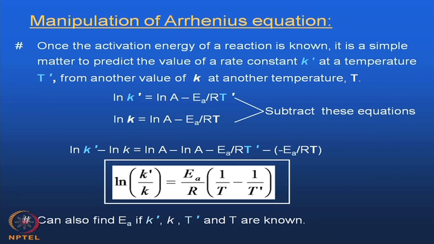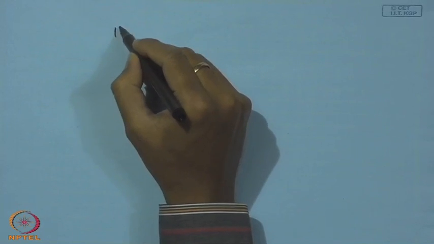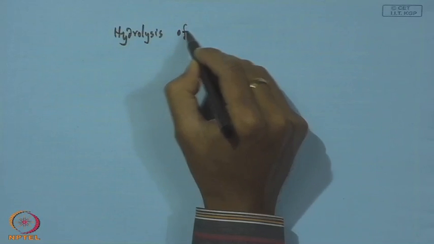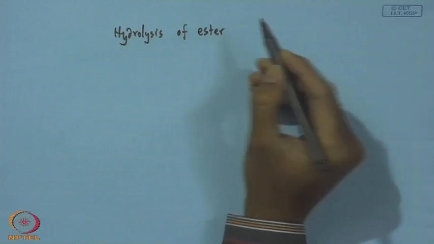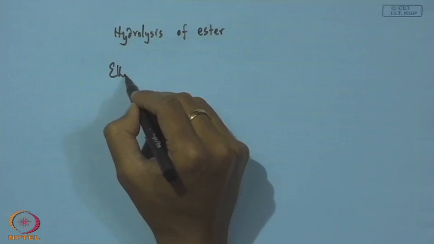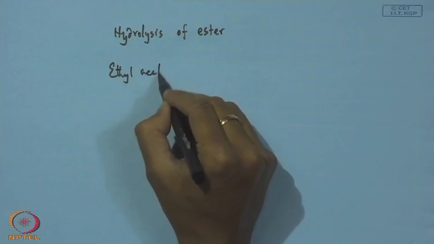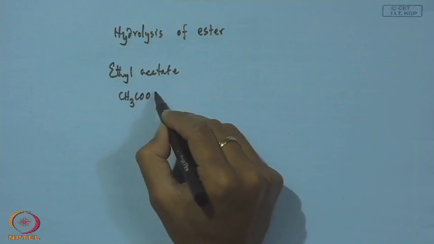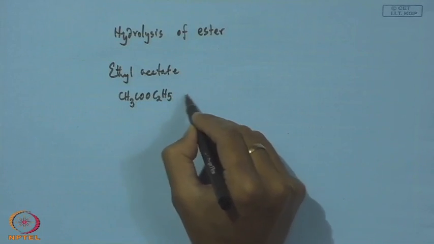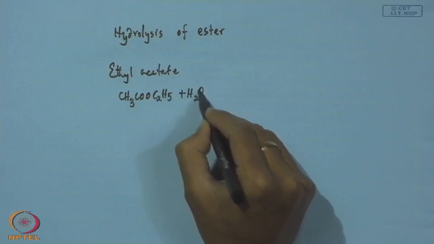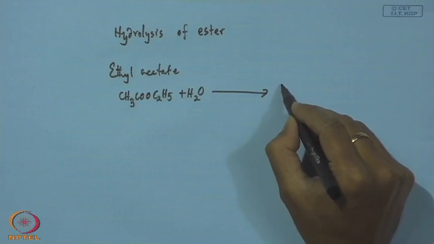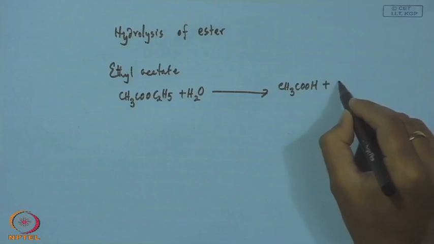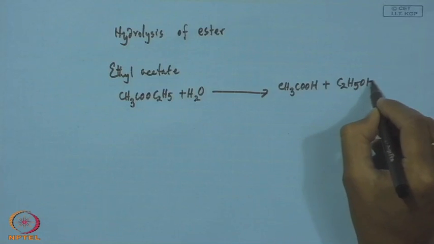Suppose we take a very simple example, the hydrolysis of an ester, say ethyl acetate, CH3COOC2H5 plus water, giving you acetic acid plus ethyl alcohol.